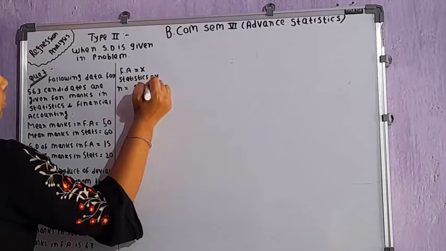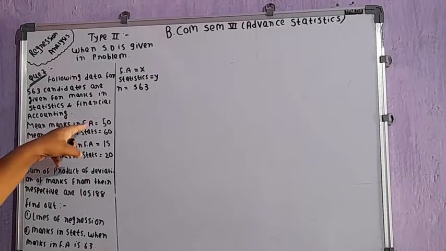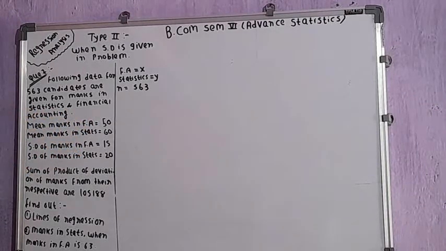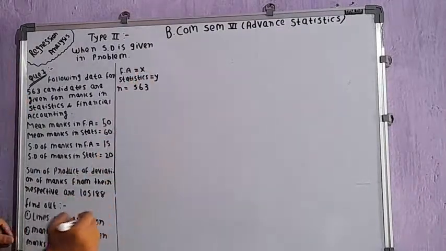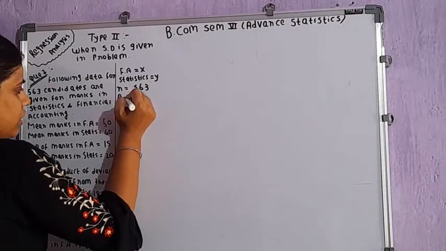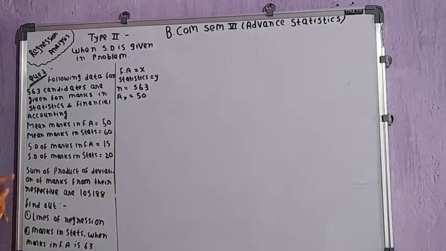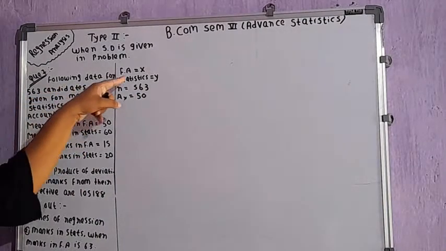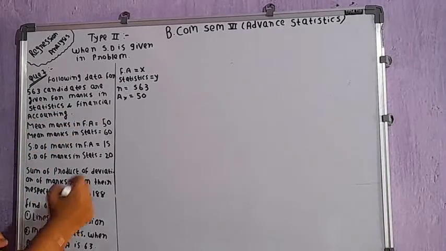Then we have been given mean marks in financial accounting equal to 50. We have considered financial accounting as X, so the mean of the X series, X bar, is 50. After that, mean marks in statistics, which we have considered as Y, means the mean of the Y series.